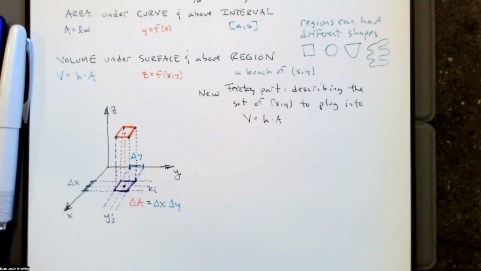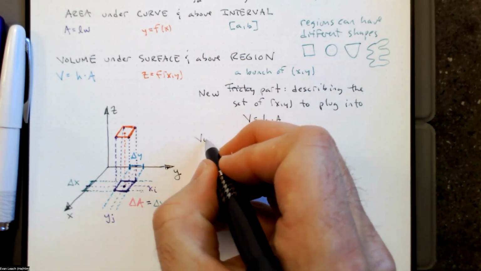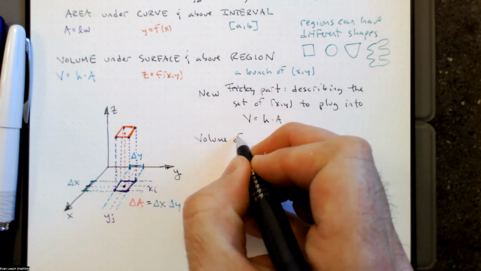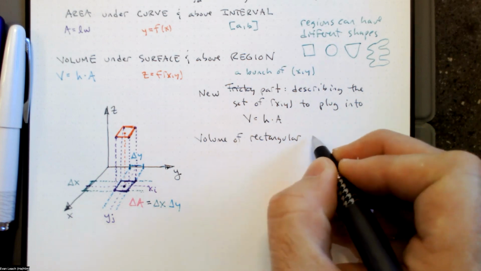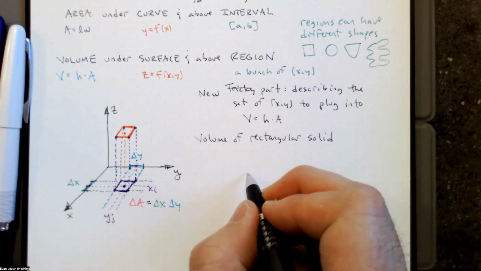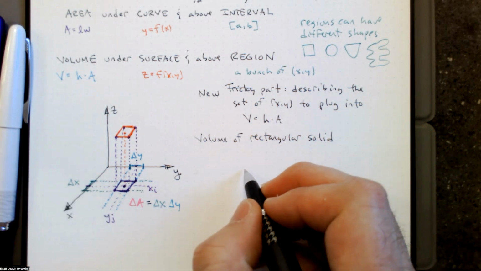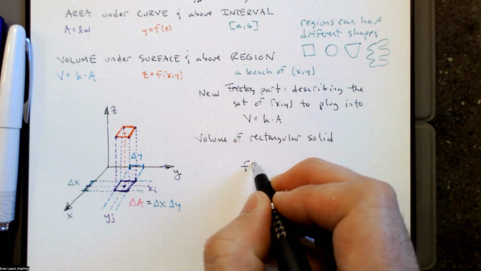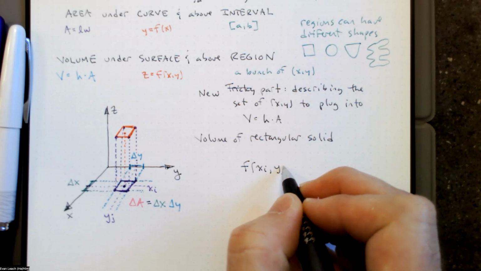And now I'm just going to calculate the volume of that rectangular solid. So we're going to have the height given by the function evaluated at xi and yj.